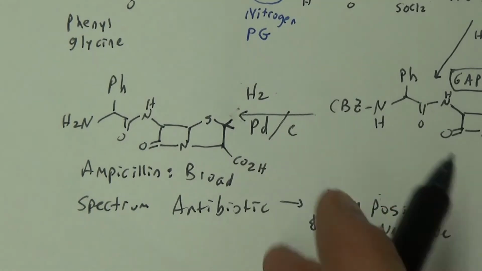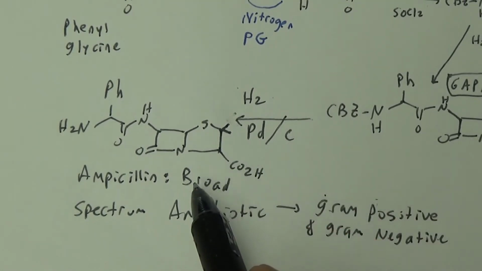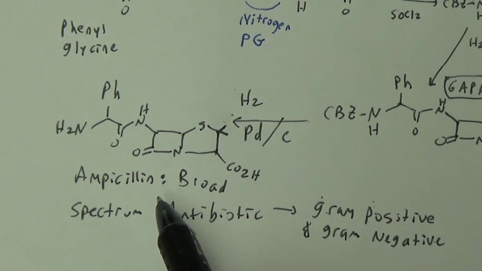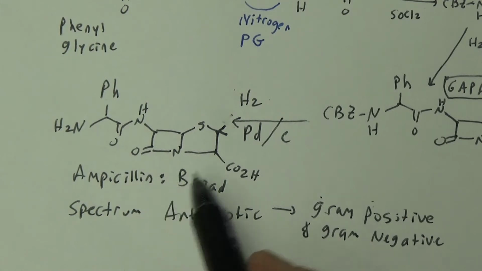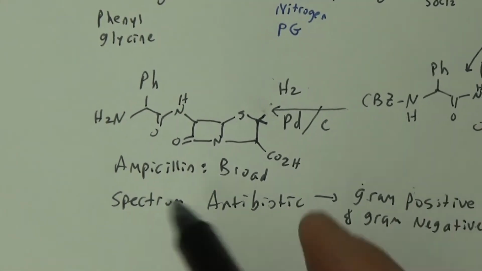It's kind of a first course, pretty easy treatment. And often, if you'd have a cough or some sort of bacterial infection, this might be the first drug that they would prescribe to you at the doctor's office.